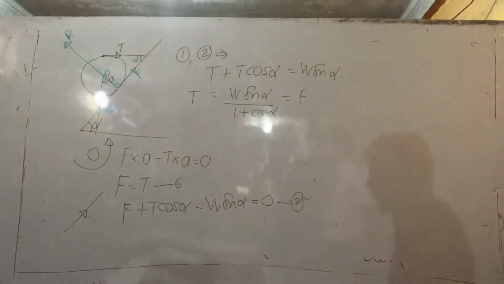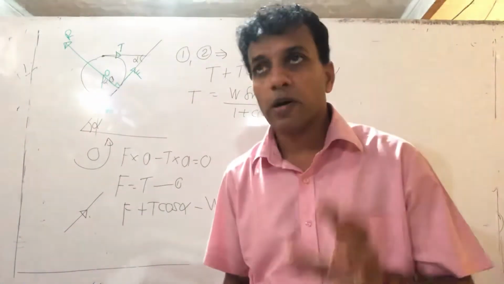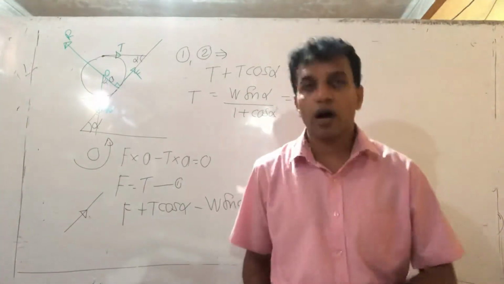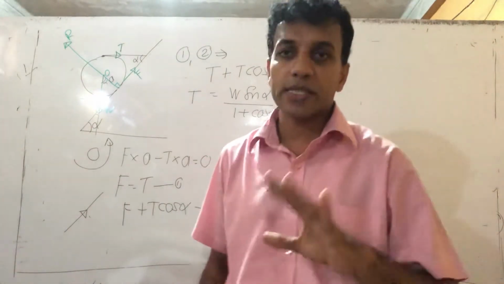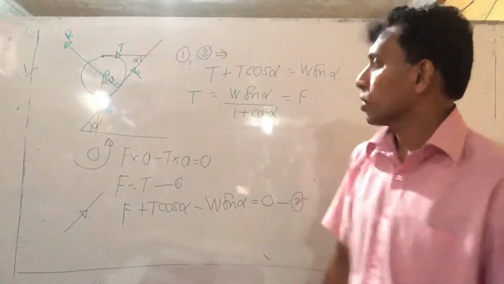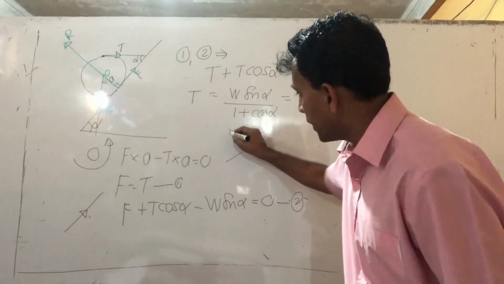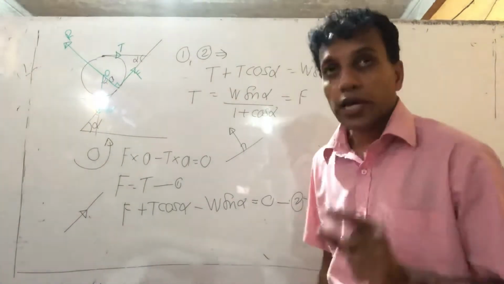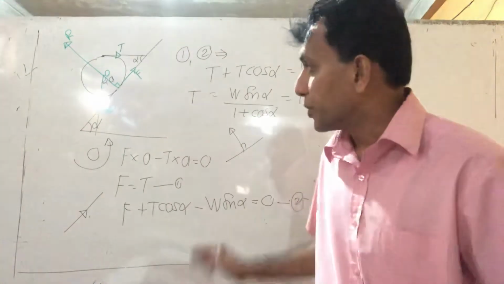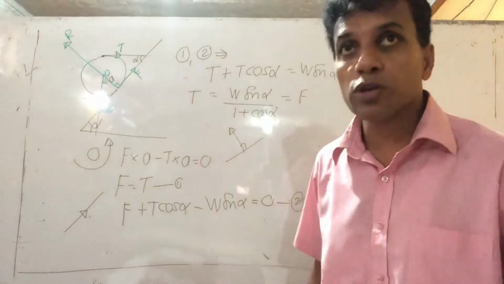Now the idea in the friction problem: find F, find R, F divided by R less than or equal to mu. Now resolve perpendicular for equilibrium of the sphere, perpendicular to the slope.